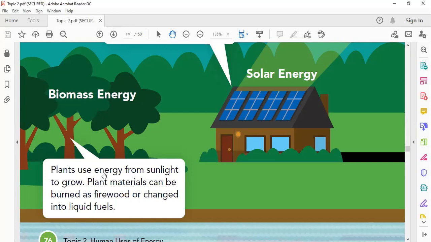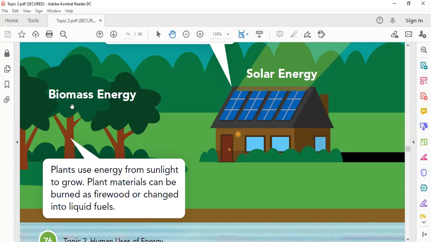Plants use energy from sunlight to grow. Then plant materials can be burned like wood. By plant materials we mean wood as firewood, which people use in their stoves at home, or changed into liquid fuels. Some of them convert it to liquids. How do we convert them to liquids? Inshallah, you will take it in the coming classes.